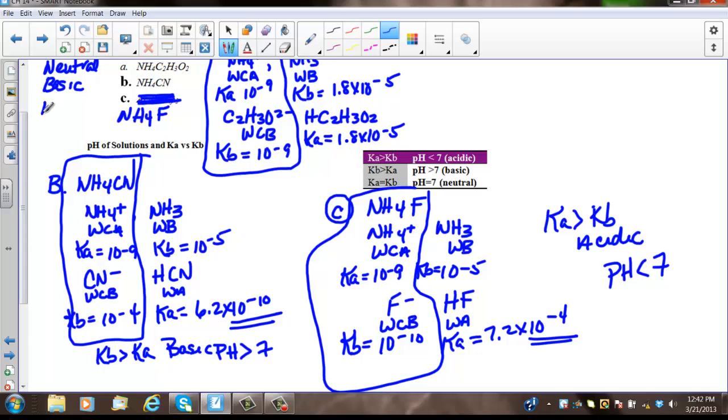So this was acidic. And basically, this little table here sums that up. When the Ka is greater than Kb, the pH is less than 7, it's acidic. When the Kb is greater than the Ka, the pH is greater than 7, it's basic. And when the Ka equals the Kb, it's going to be neutral.